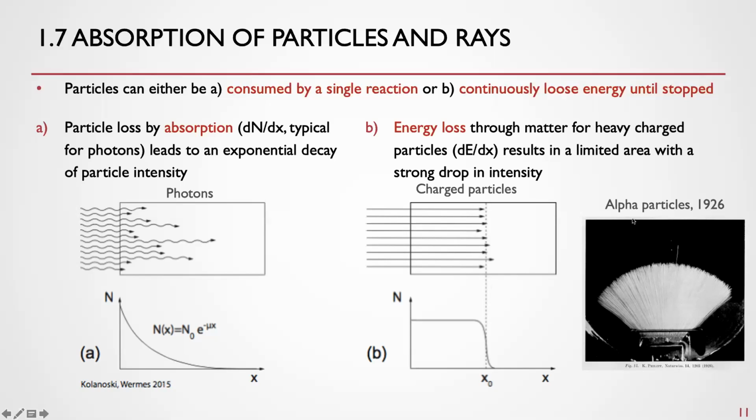The picture here shows alpha particles. The picture is very old, almost 100 years. It's an alpha source on a photosensitive plate, and you can see this with extreme resolution. You can see the individual alpha particles traveling through the material.